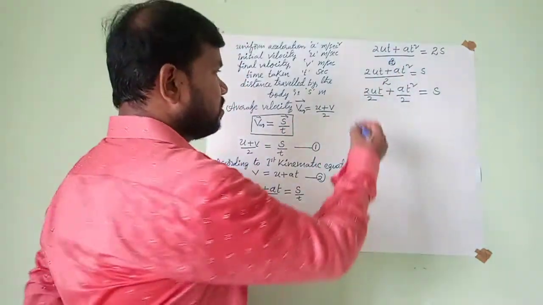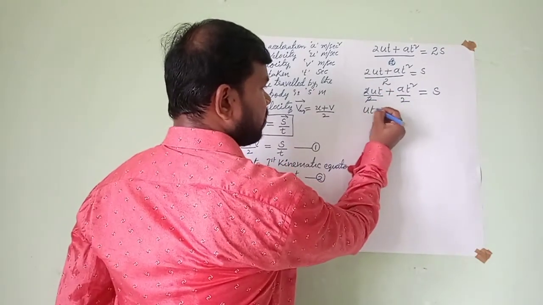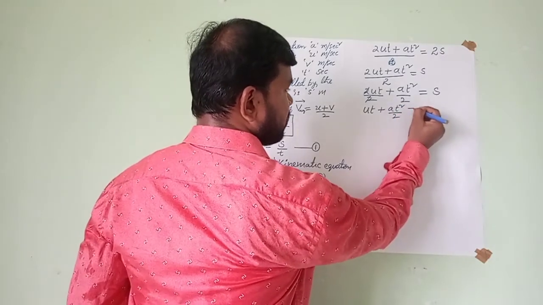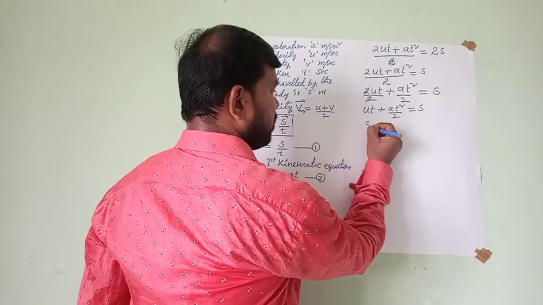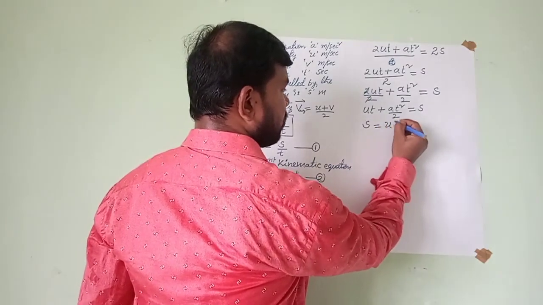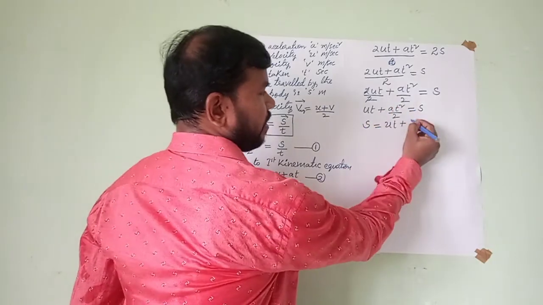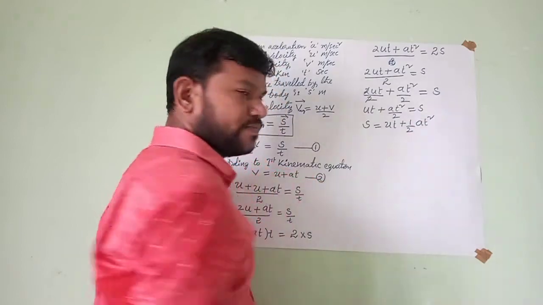See students, here the 2 cancels, and what we got is UT plus AT square by 2 is equal to S. Or we can write S is equal to UT plus, for AT square by 2, 1 by 2 into AT square.